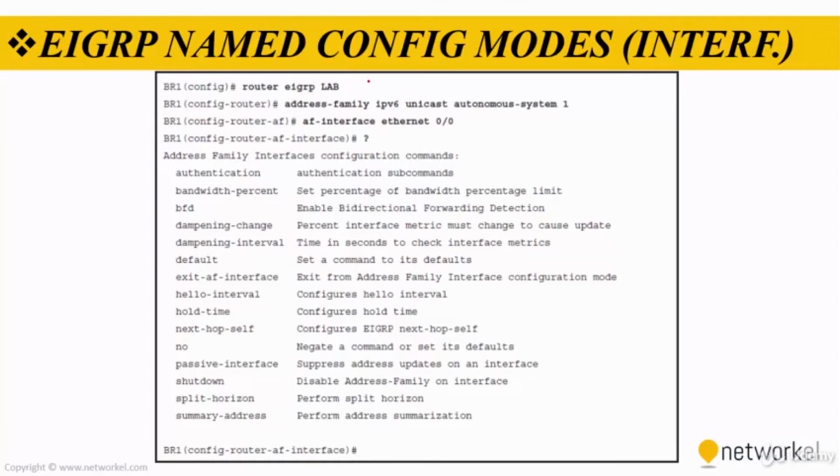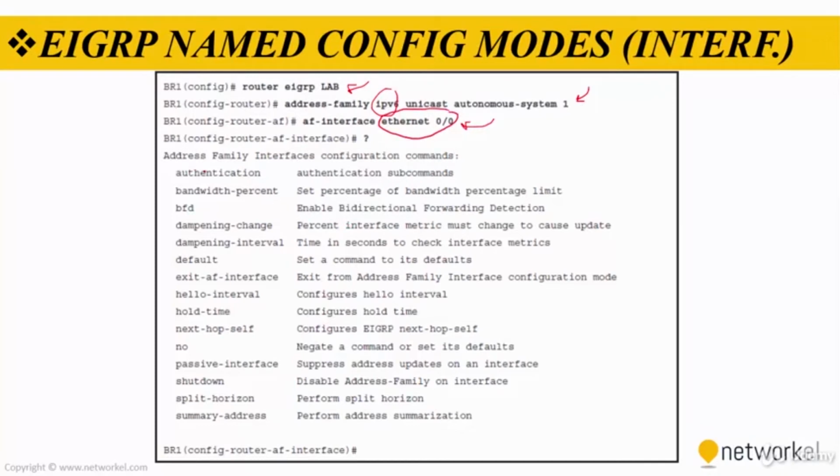Here I type the named EIGRP and the IP version 6 address family. If you want to configure an interface, we use af-interface and the interface name command in named EIGRP.